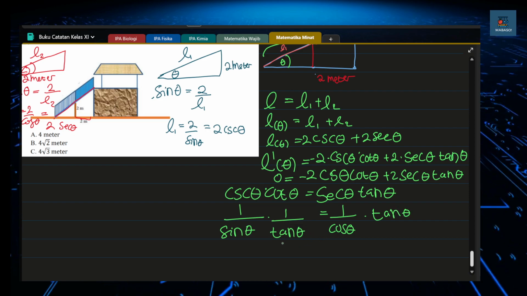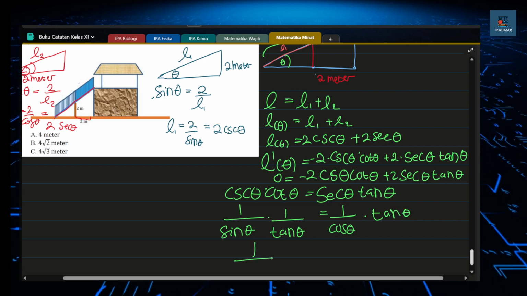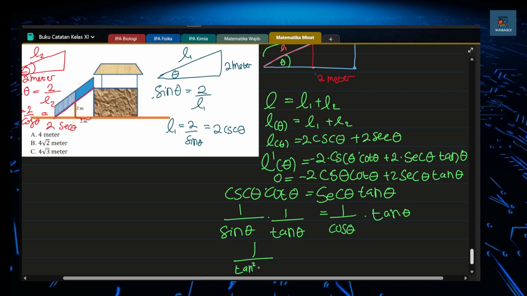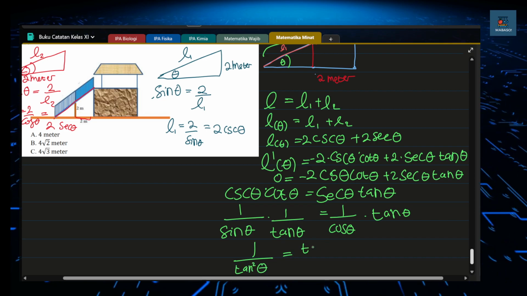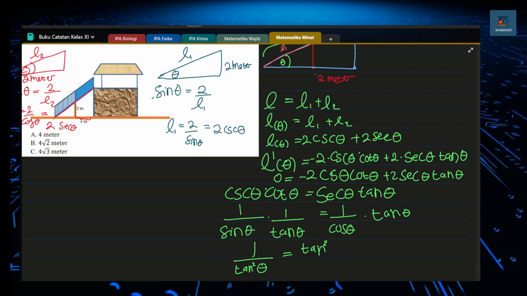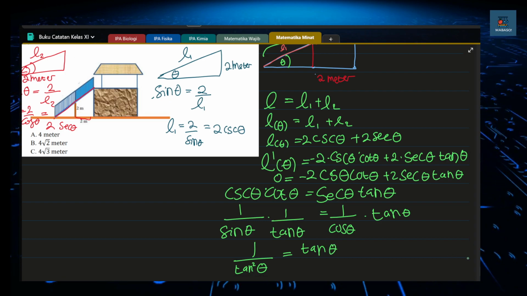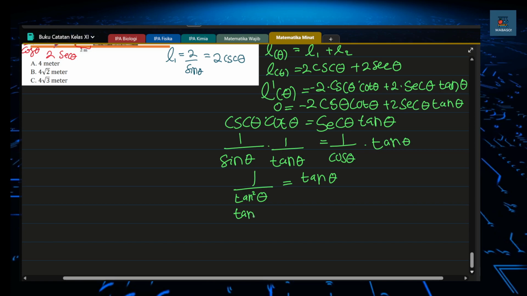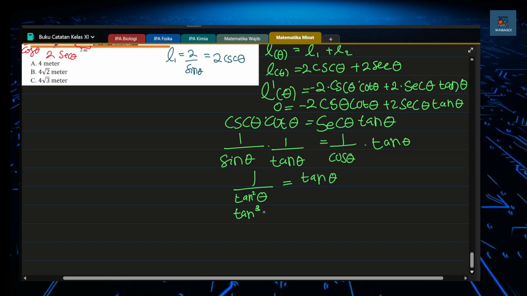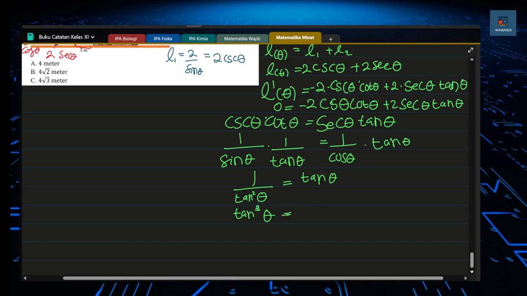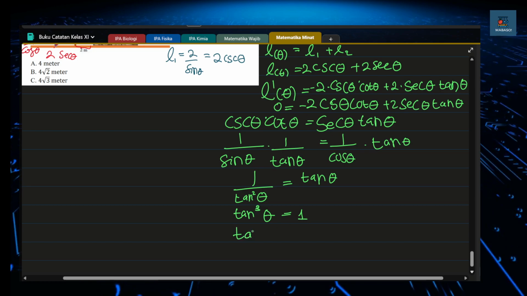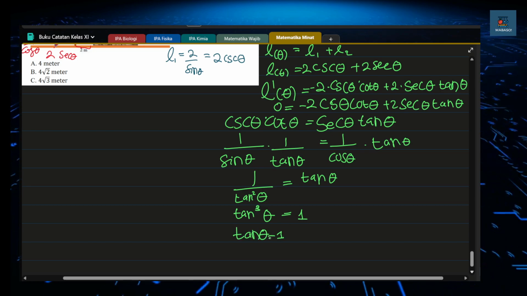Now we could simplify, where 1 over tan square theta is equal to tan of theta. Then tan cubed theta is equal to 1. Then the tan of theta is equal to 1.